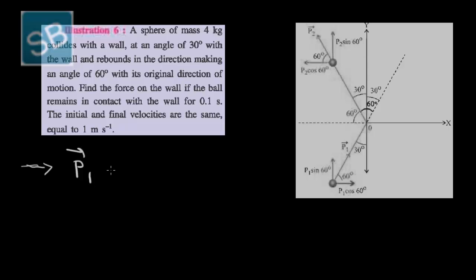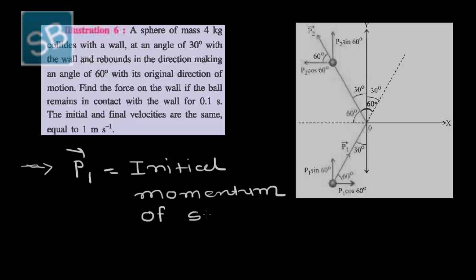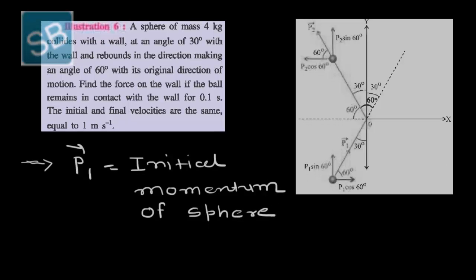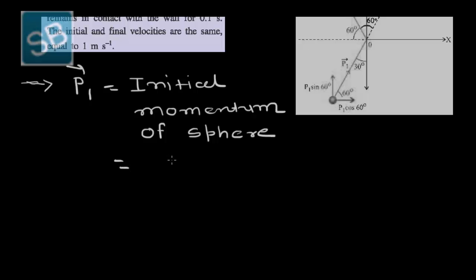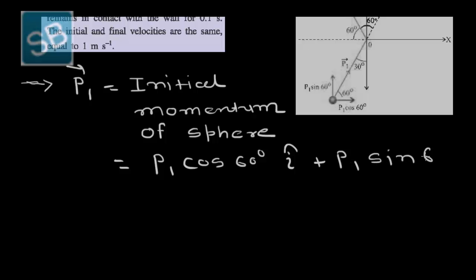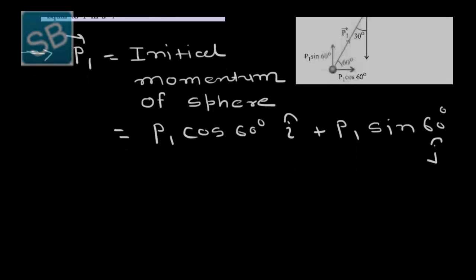P1 is the initial momentum of the sphere, and that is equal to P1 cos 60 i cap plus P1 sin 60 degree j cap.